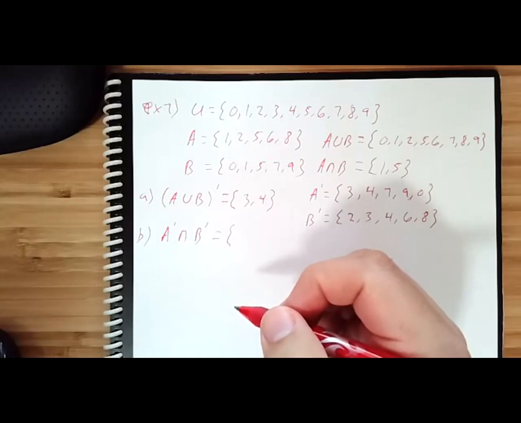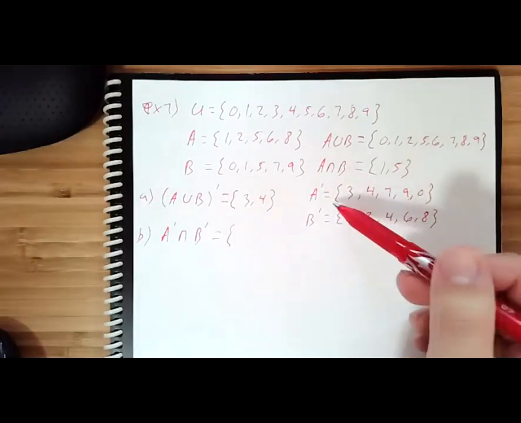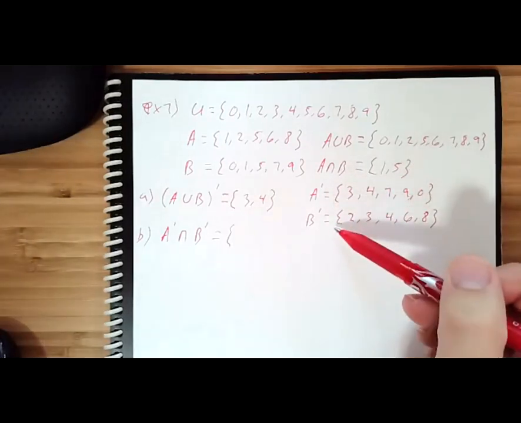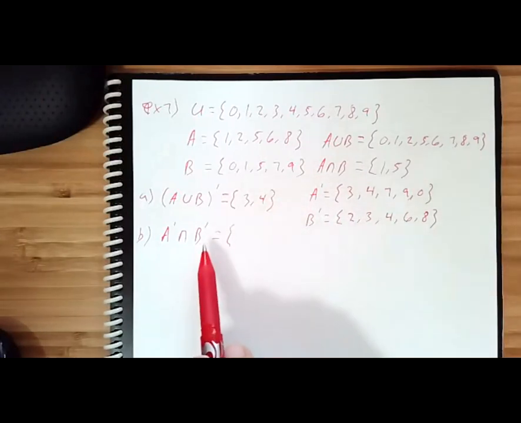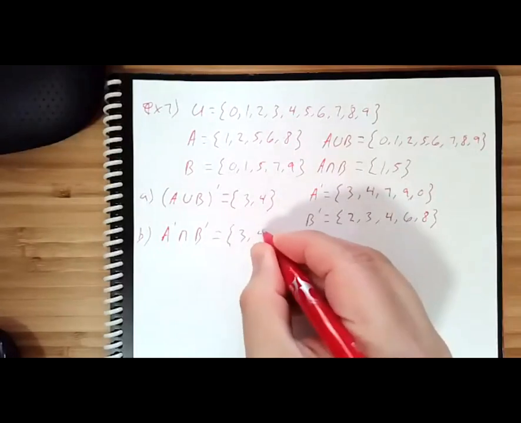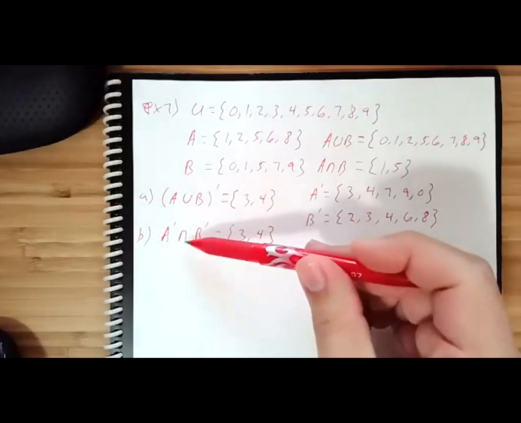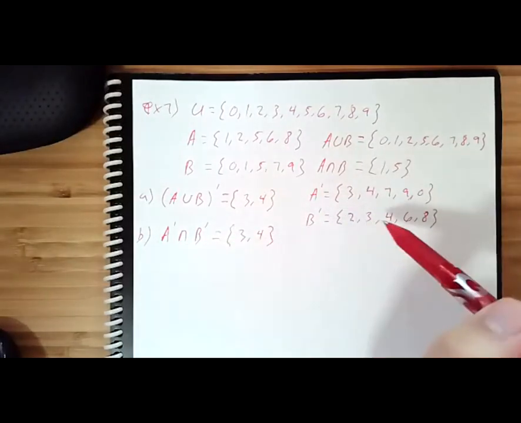What do these two sets, the complements, have in common? The 3, 4, and I think that might be it. So that's what intersection means, what they have in common.